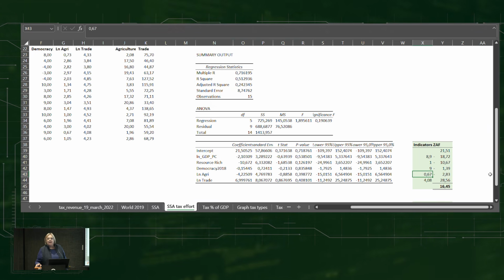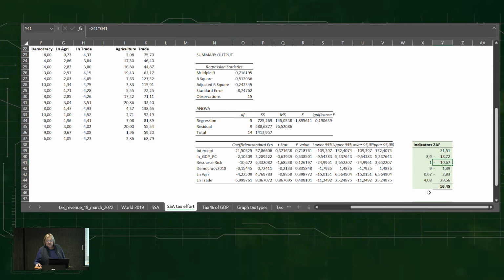This is your LN for agriculture, and this is your log for trade. And then for the intercept, you're just going to place the value there. But for all the others that have a coefficient, you're going to multiply your coefficient with your indicator. For this case, it will be the log GDP per capita.